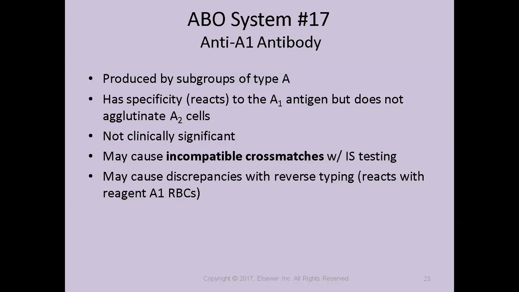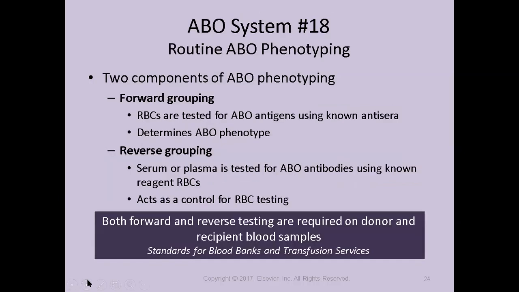We test with A1 red cells and B cells. So if they happen to have this anti-A1, it's definitely going to bind onto the antigen of our A1 red cells, and so it's going to look like a discrepancy in typing. We're going to go over these discrepancies in more detail at the end of this unit.